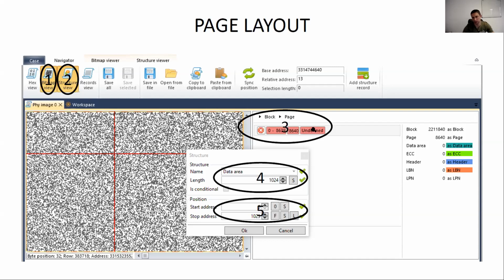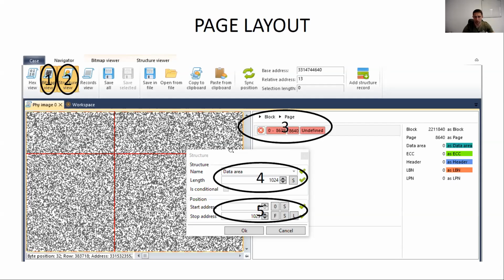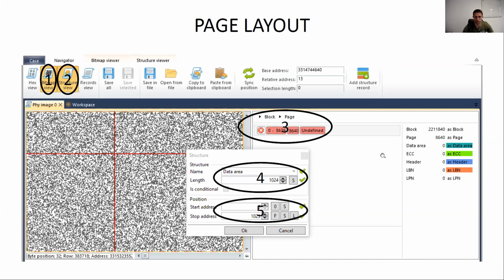You go inside the page, and then you add a new structure. I'll show you all these steps later. Well, actually, I think I'll show it right now, and then when it comes to BCH codeword, we'll switch back to the presentation.